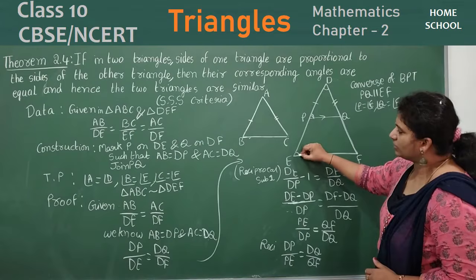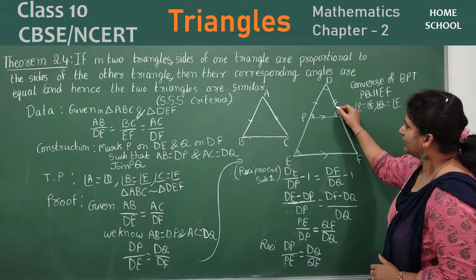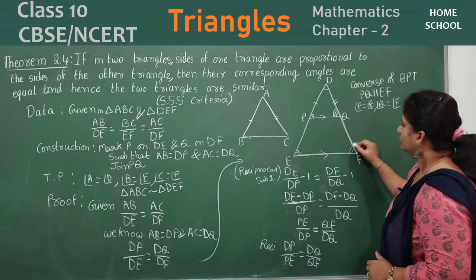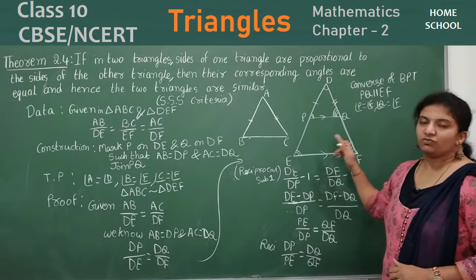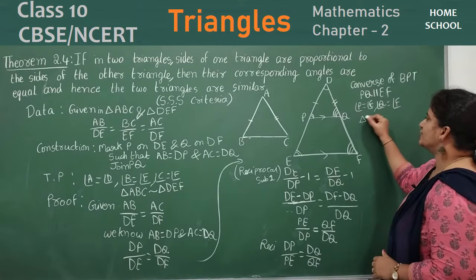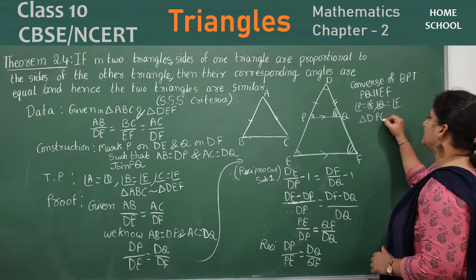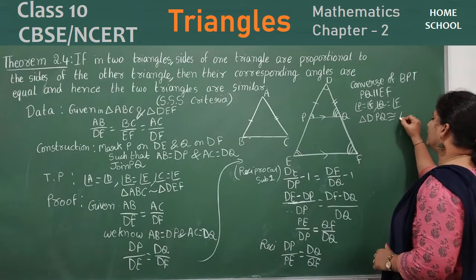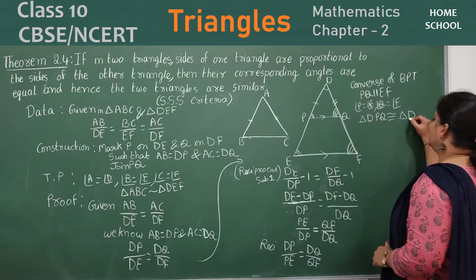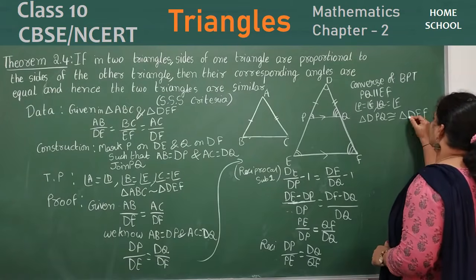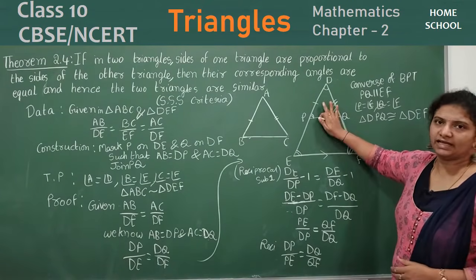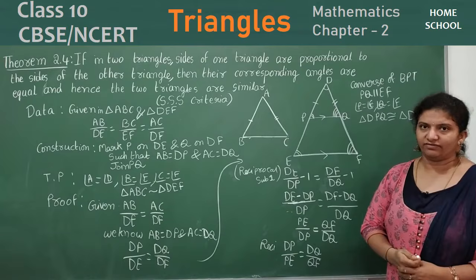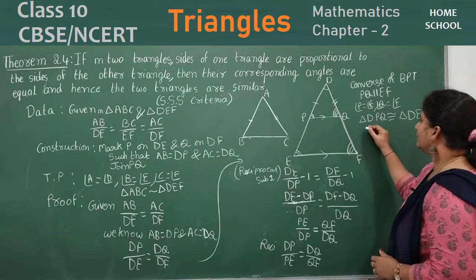Angle P is equal to angle E, angle Q is equal to angle F. So by this, what can I say here? Triangle DPQ is similar to triangle DEF. So now I can write the ratio.